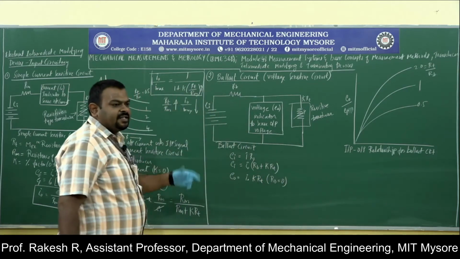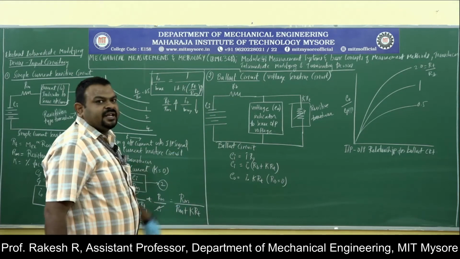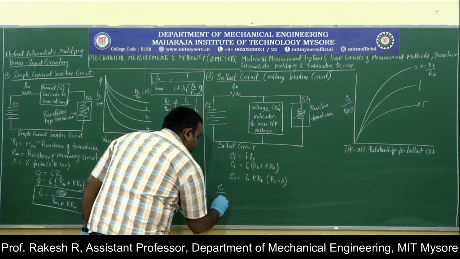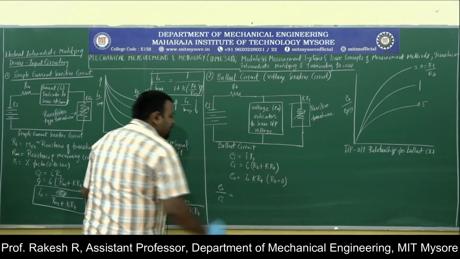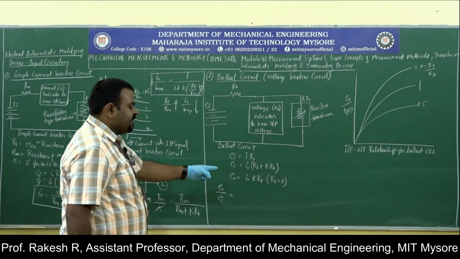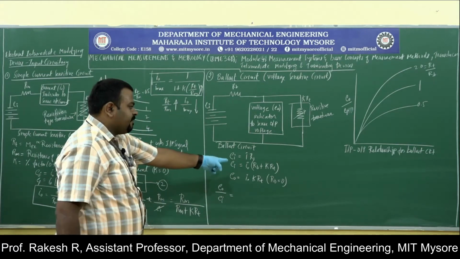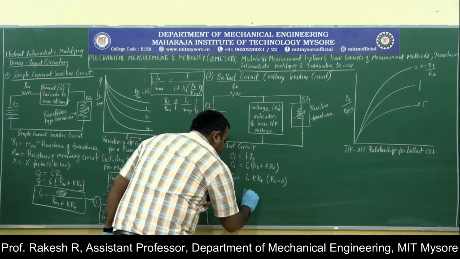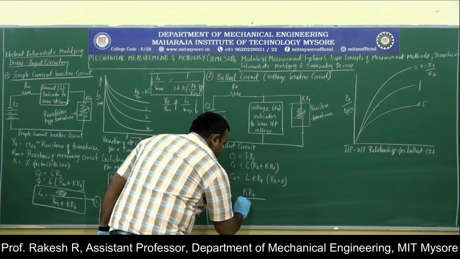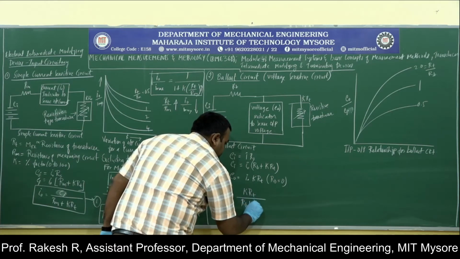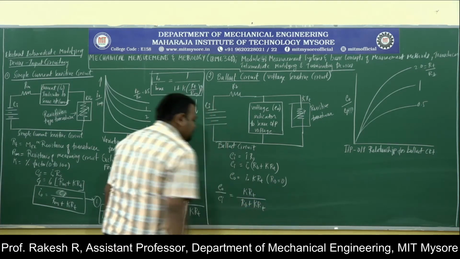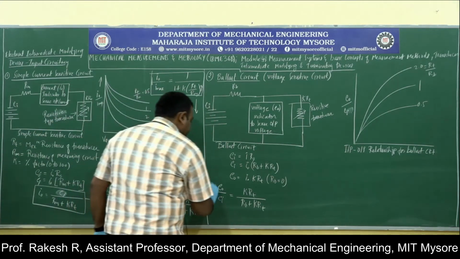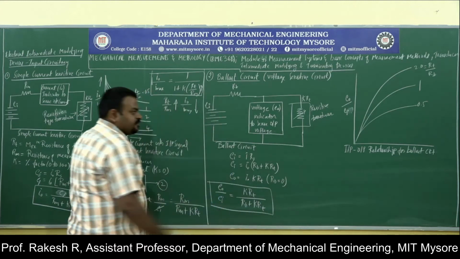After getting these two, let us take the ratio of output to input. So E naught by EI: E naught is equal to I naught into K into RT, divided by I naught into RB plus K into RT. So you will get K RT divided by RB plus K into RT. This is the expression for the ratio of change in voltages.